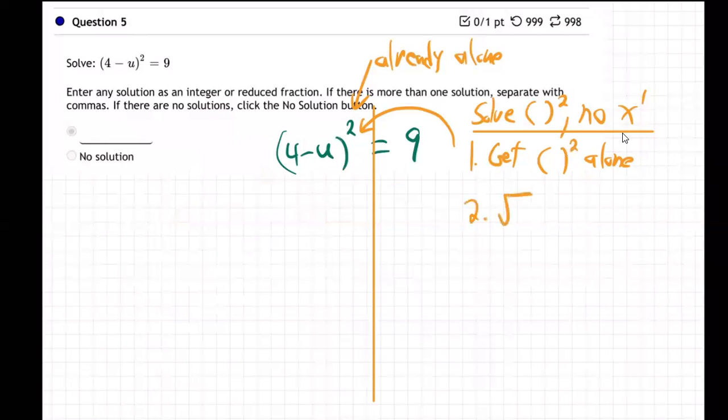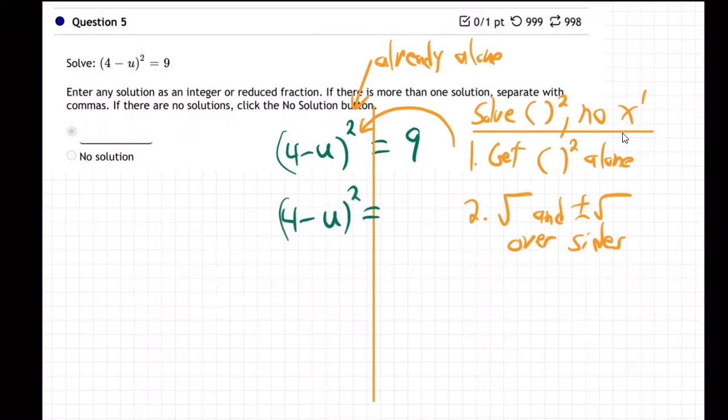Step 2: root both sides and put plus or minus. So I'm going to bring this down and put the square root, and plus or minus.